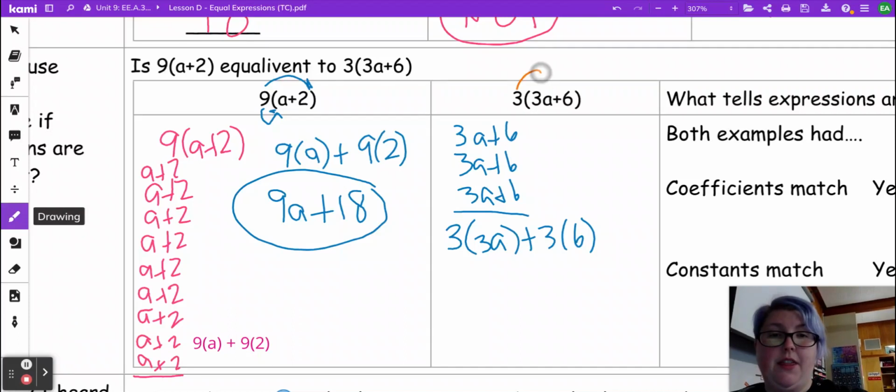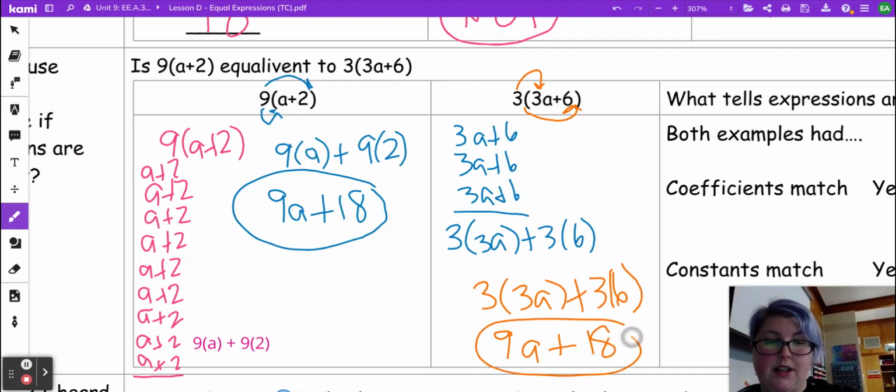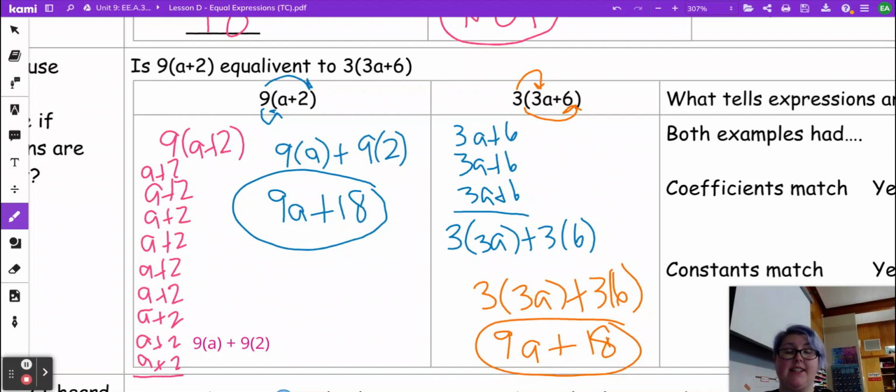I can give that 3 to the 3A and to the 6. We can simplify that down to 9A plus 18 is our answer. So in both cases, if you use the distributive property or if you write everything out with that coefficient, you will get to the same answer.